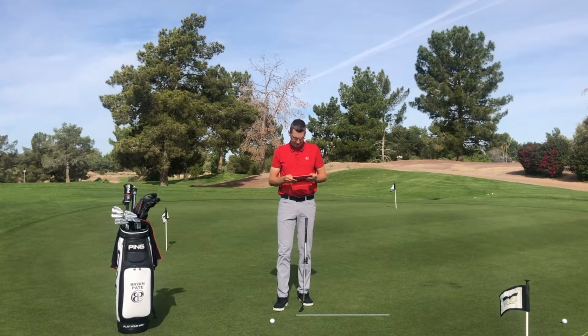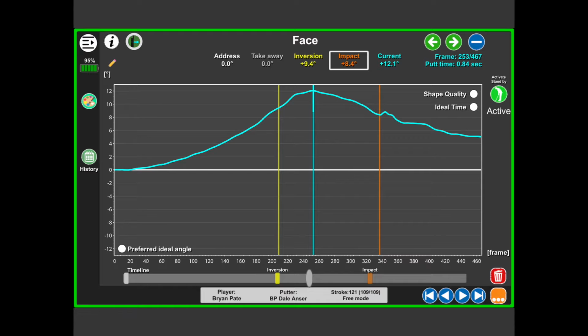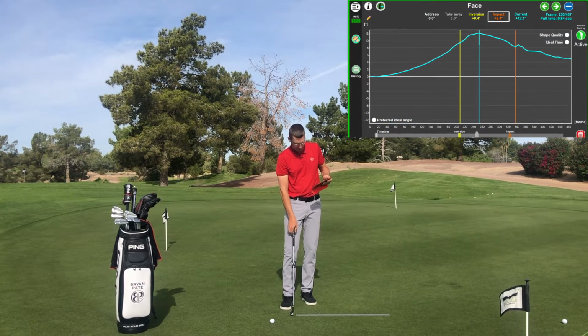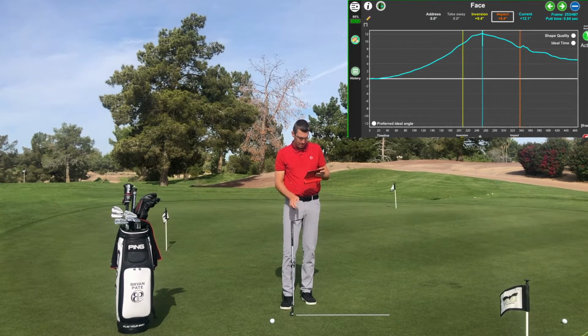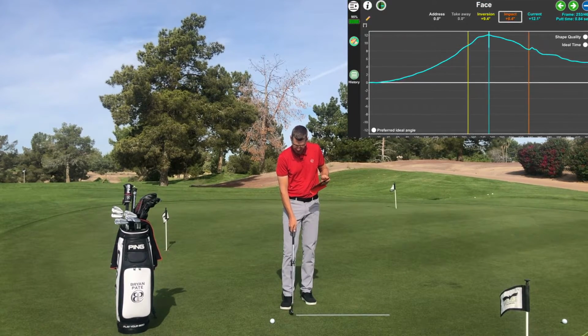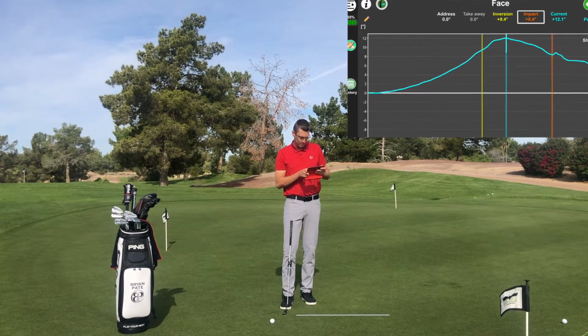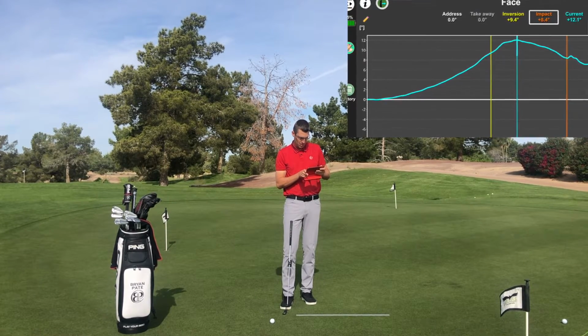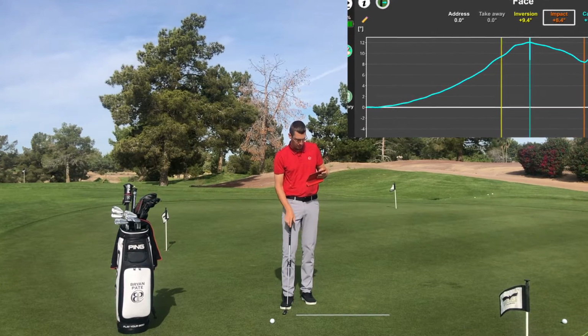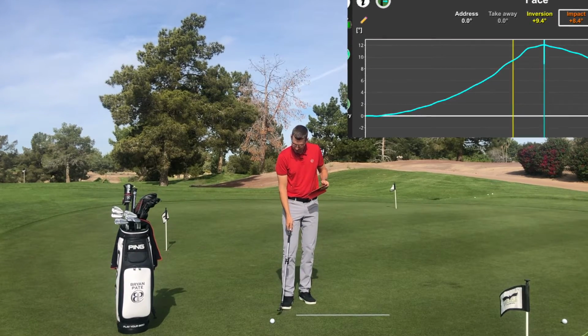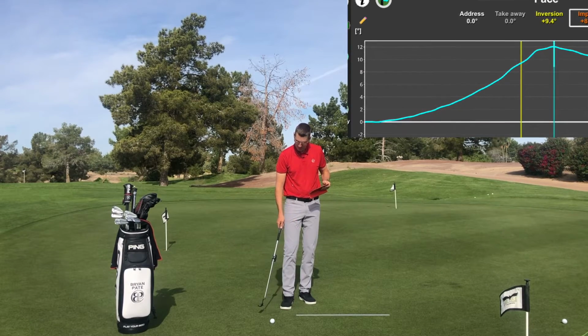And as we look at that graph, at address 0, wherever we start that putter at, as we look at the backstroke, the putter opened at the inversion was 9.4. The most it opened was 12.1 degrees in the backstroke, trying to get that putter back open.